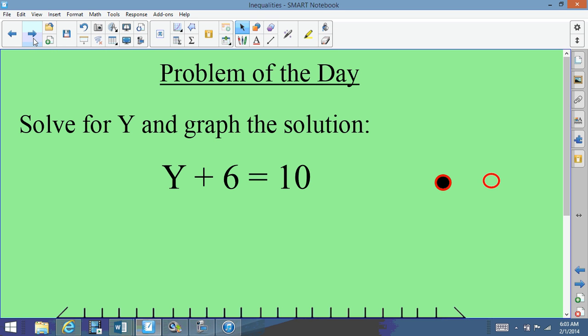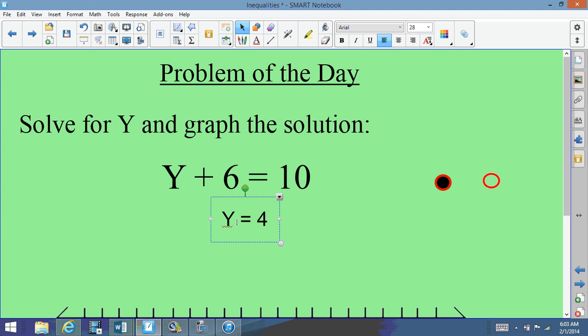So let's get going. So we've seen this problem before, solve and graph for the solution. What number plus 6 equals 10? Well, we know that number would obviously be 4. So y equals 4, because 4 plus 6 is 10.